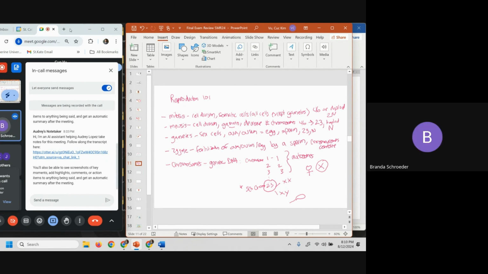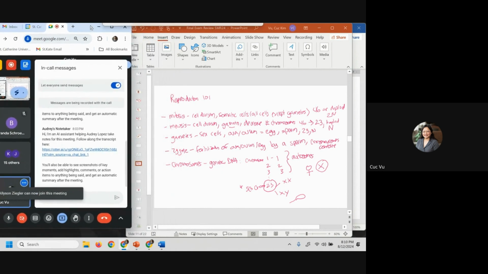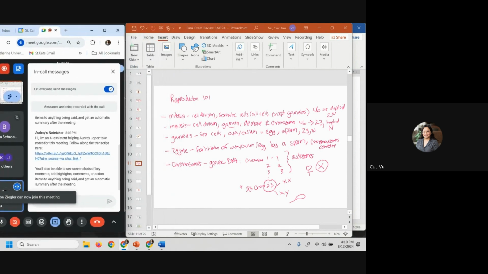X or Y. Exactly. Okay? So a male can contribute either an X or a Y, and there's a 50% chance. Even though it's weird because in some families all they have is girls or all they have is boys, statistically it really is a 50% chance.